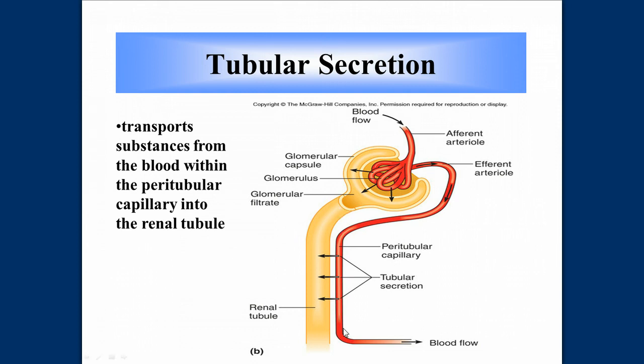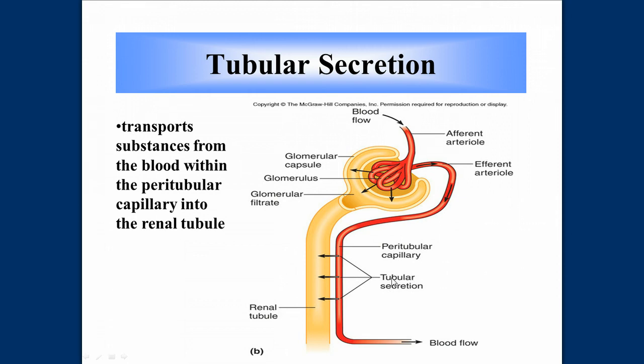It's got to be dumped back into the renal tubule so it can leave eventually in urine. So you have the secretion, moving substances from the peritubular capillary back to the renal tubule. So that is tubular secretion.